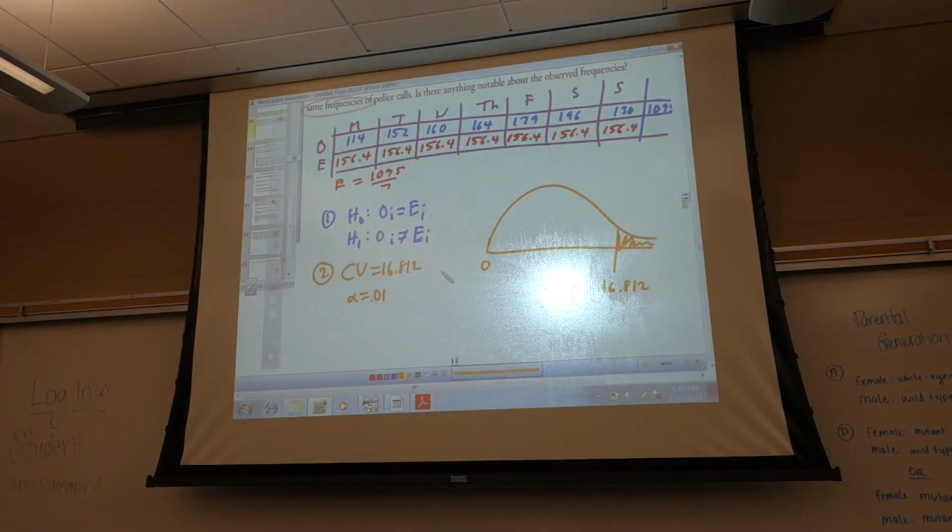All right. And then we're going to find our test stat. You're going to say 114 minus 156.4 squared over 156.4, plus 152 minus 156.4 squared over 156.4, plus 160 minus 156.4 squared over 156.4, and let's put a plus.